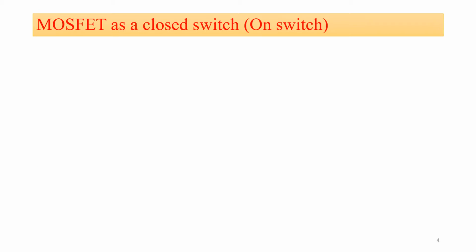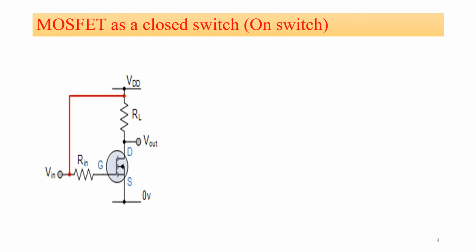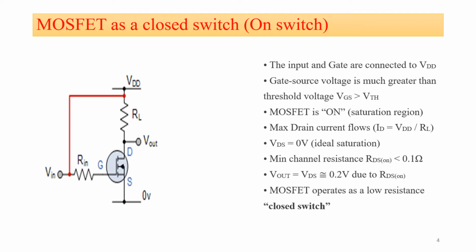Now let's see how to use our MOSFET as a closed switch or on switch. In this circuit diagram, the drain terminal is connected to VDD, and the input voltage, Vin, is applied to the gate. The gate and input are connected to VDD.